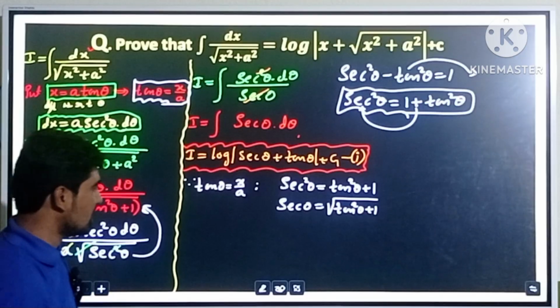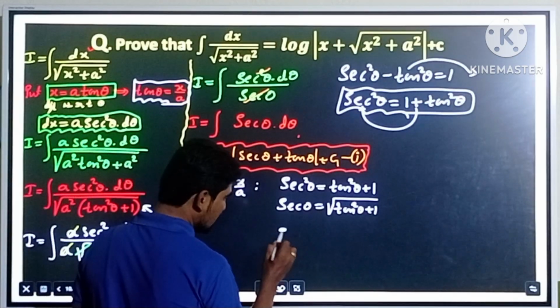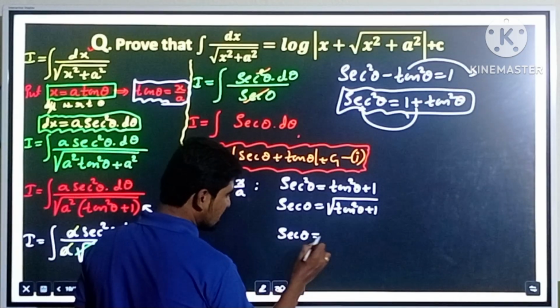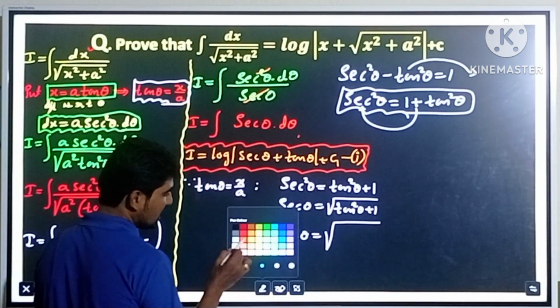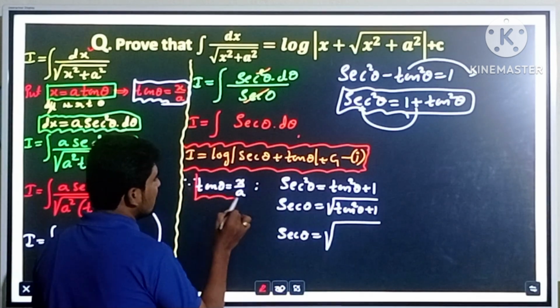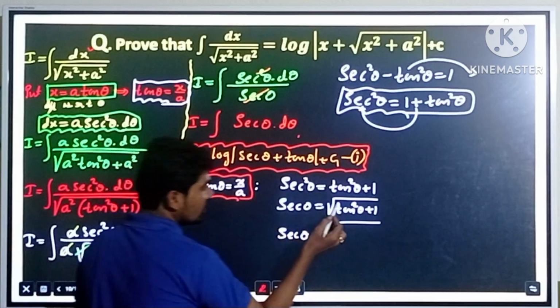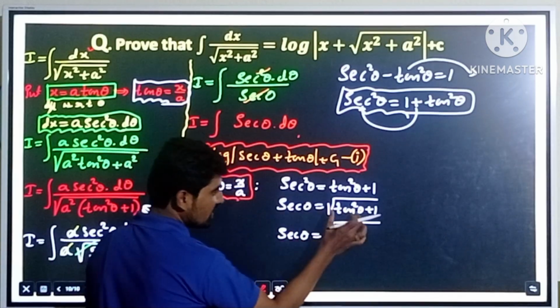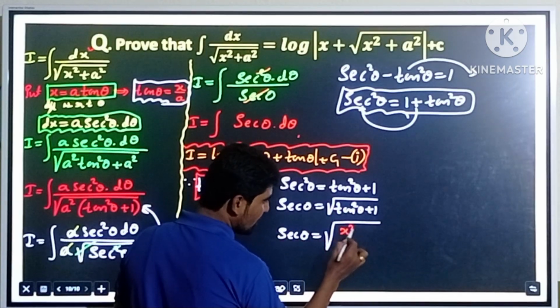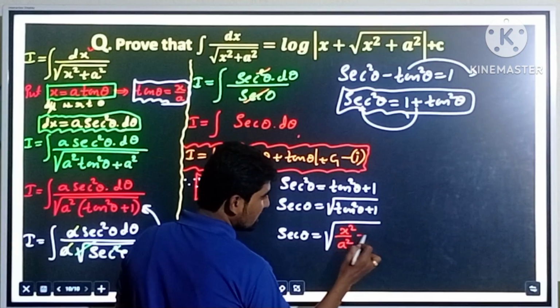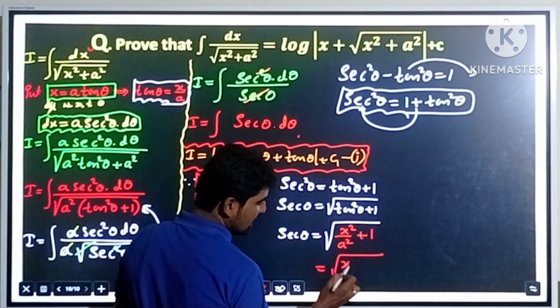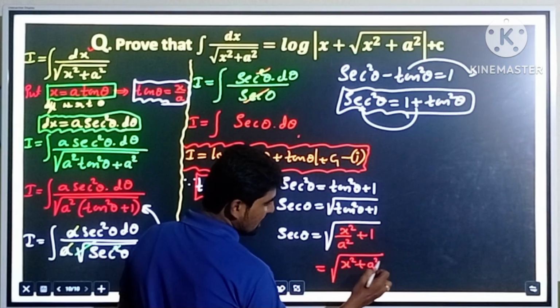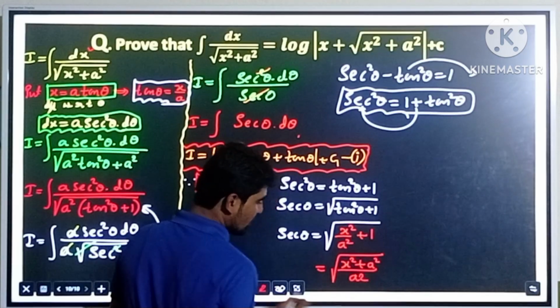I hope all of you are understanding. Now secant theta is equal to the square root of, tan theta is already x divided by a, but here we have tan square theta, so I write x square divided by a square plus 1, which is equal to the square root of, by taking LCM, x square plus a square divided by a square.